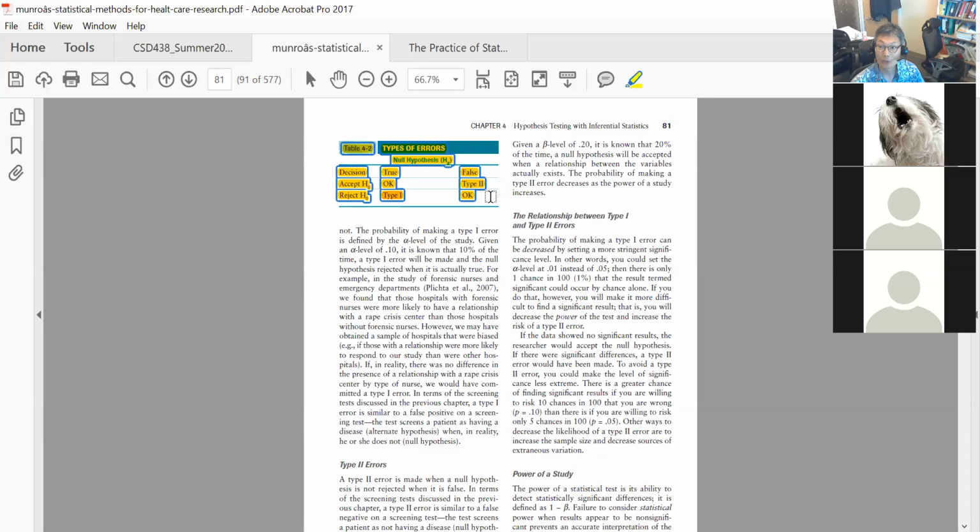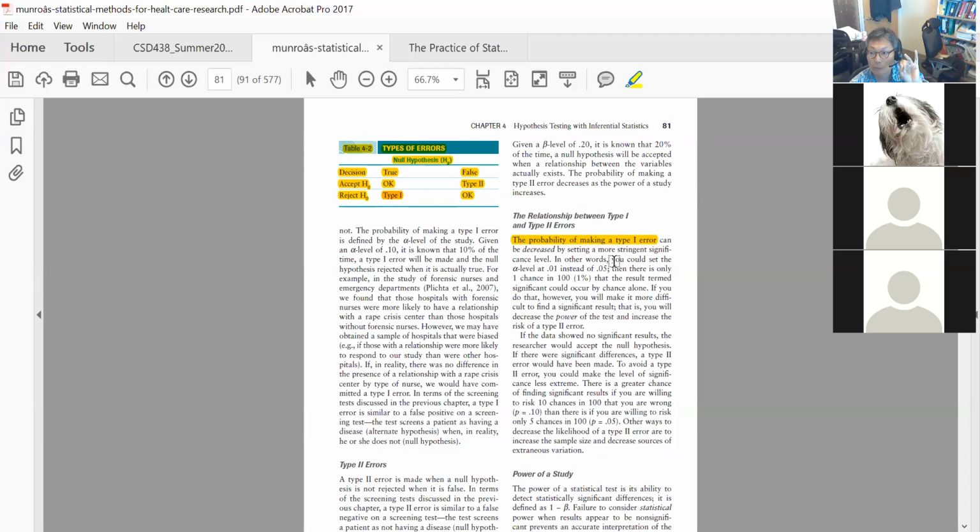I hope you clearly understand type 1 error and type 2 error, because the type 1 error itself is related to the alpha level. The type 1 error itself is just the alpha level, right? The probability of making a type 1 error can be decreased by setting a more stringent significance level.